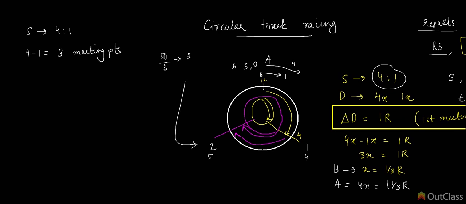As you can see, there are the 12 o'clock, 4 o'clock and 8 o'clock positions. These 3 meeting points will be equally spaced on the circumference, and you'll also see that the last of those meeting points is at the start, at the place that they started running.